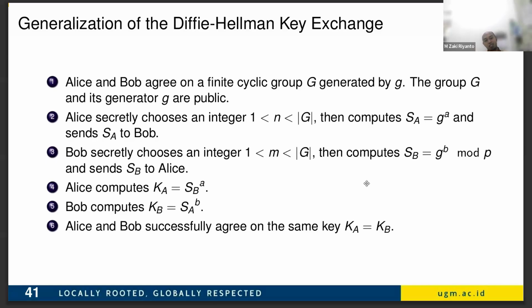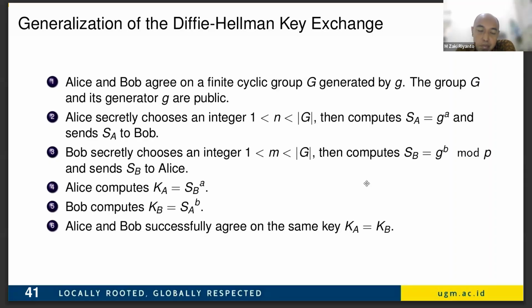And we can generalize the Diffie-Hellman key exchange by using a finite cyclic group generated by G. The group and a generator are public. Alice secretly chooses an integer A between 1 and the order of G and computes SA, G to the power of A, and sends SA to Bob.